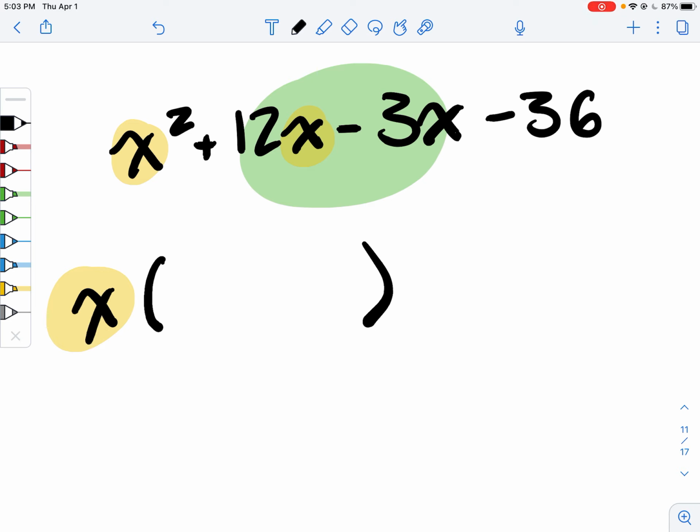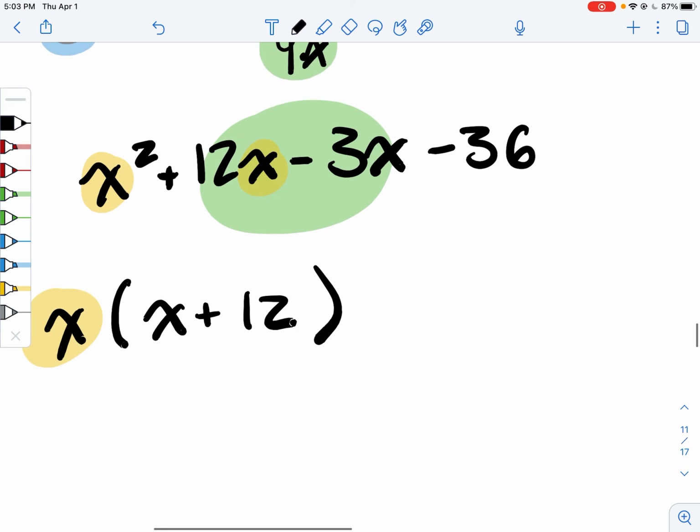I would get x times x plus 12. Cool. Well, then let's look at these other two terms. What do they have in common? Well, they're both divisible by 3. In fact, they're both divisible by negative 3. See how they're both negative 3? Cool. So I can pull a negative 3 out of there.